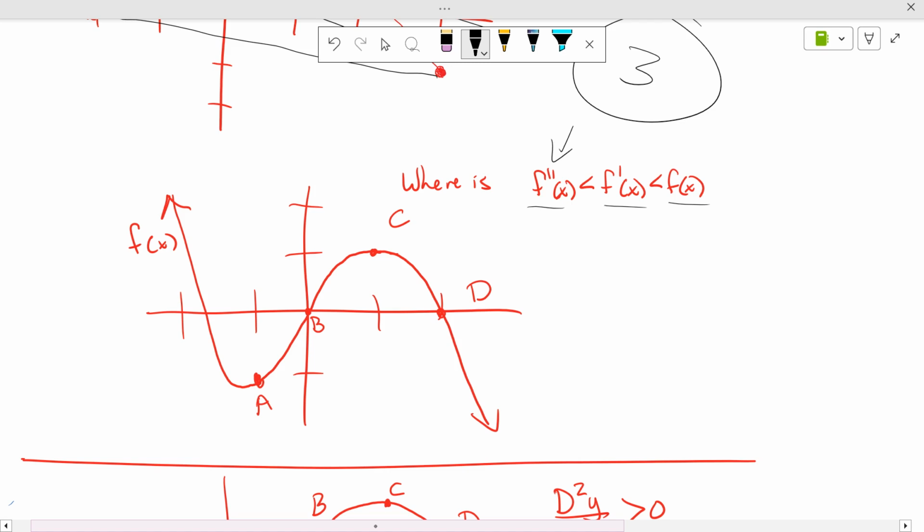So I want it concave down, hopefully, where if this is 0 and this is positive. Is there a place where it's concave down, my slope is 0, and my graph of my function is positive? C. C is where that all happens. So we've done these, but this is just a little bit of a different context that you have to wrap your brains around.